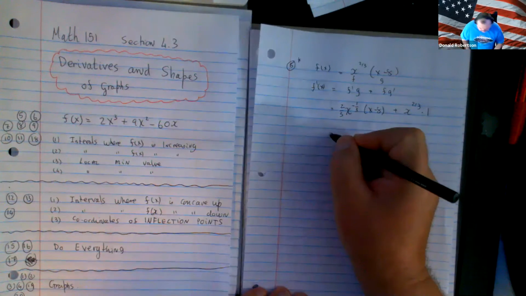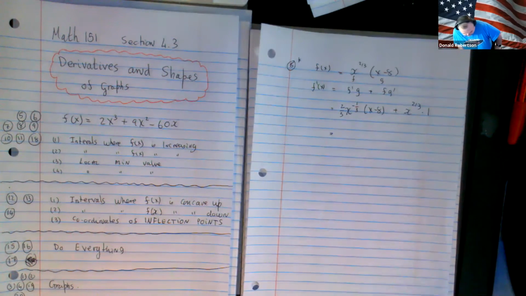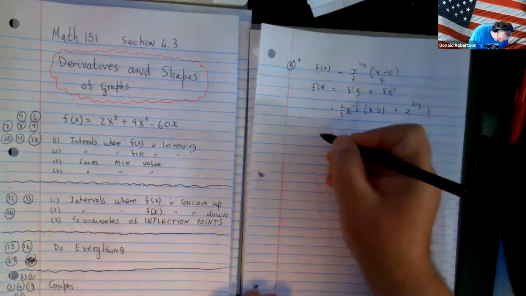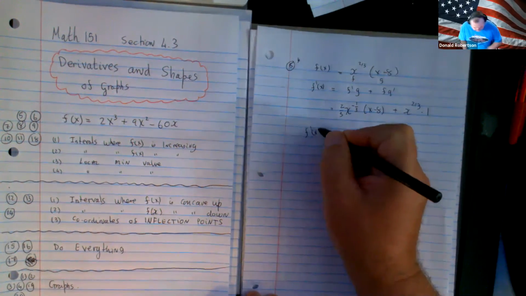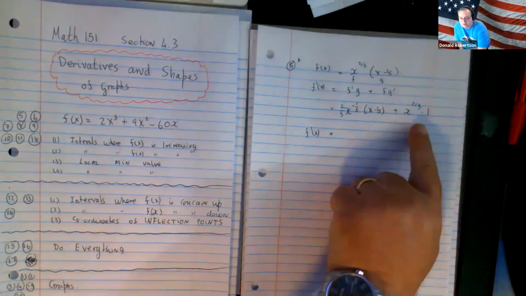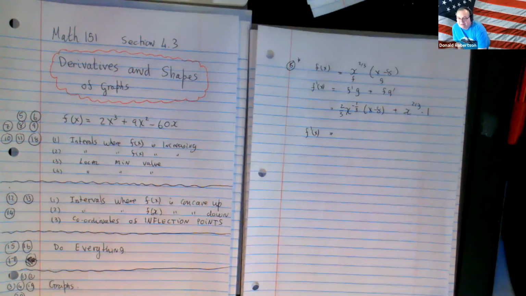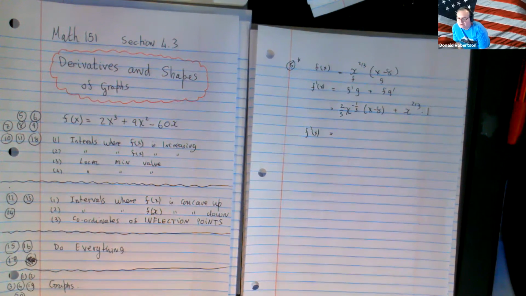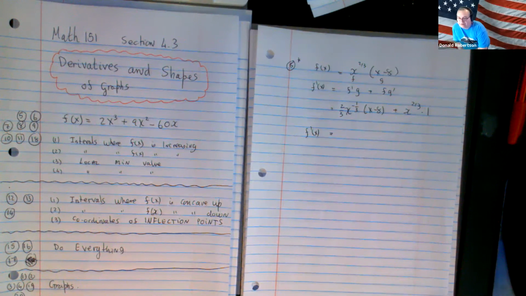And now we do style points. And style points is really indispensable. You can't really do this question unless you make this thing look pretty. And making it look pretty is factoring the heck out of it, essentially. Now you might look at that and say, what factor have I got? I don't see any. Well, there are factors.